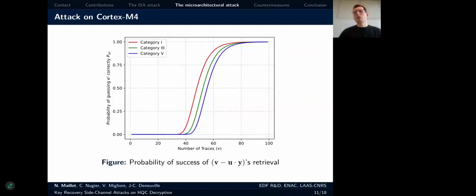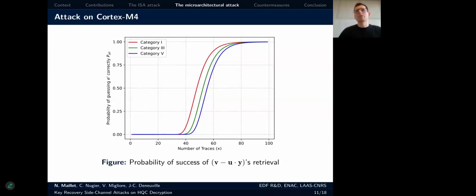What we can see is that with more or less 80 traces, you can be sure that you have fully recovered the v minus uy value, and then you can just redo what we did before with the architectural level attack to recover y and x, which are the secret keys.